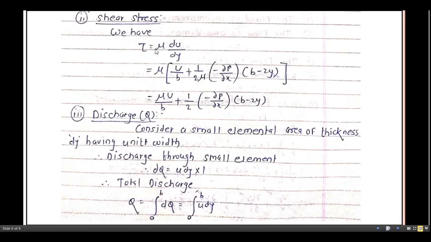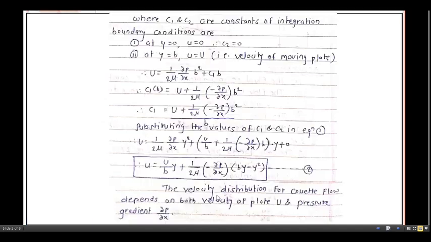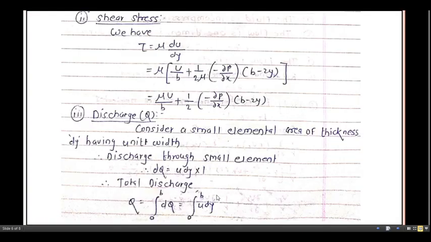Now shear stress. We know the relation for the shear stress: tau equals mu into du by dy. We already have this du by dy term with us. Just pick up this term from here, by substituting the value of c1, from that step, and substitute it into this step.